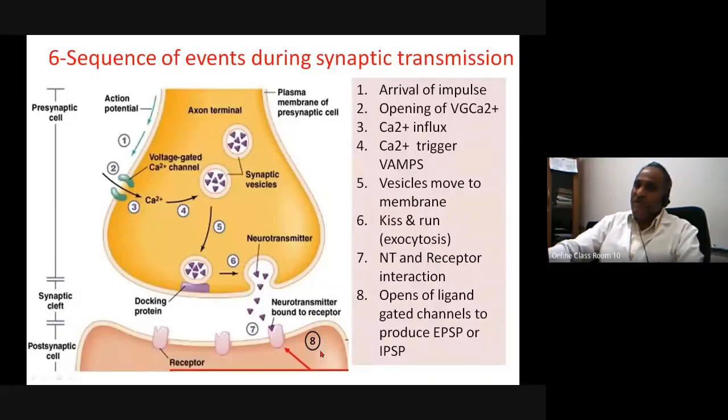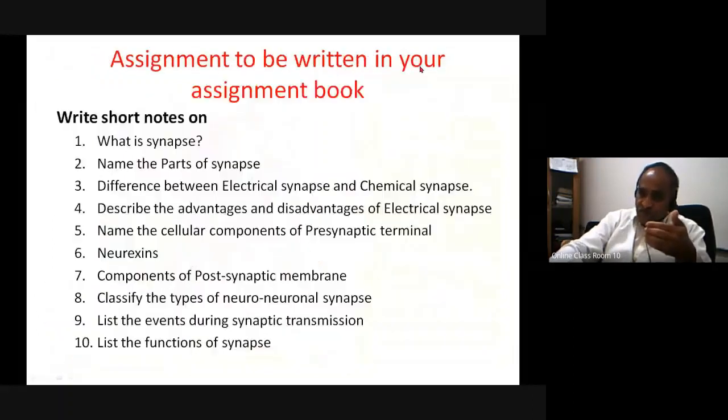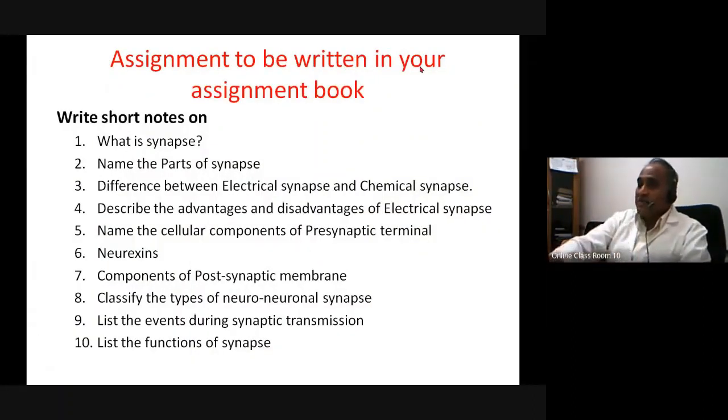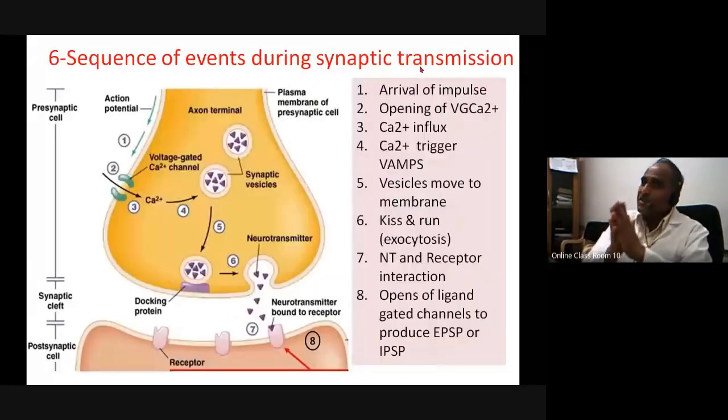And this opening of the ligand-gated ion channels produces either excitatory postsynaptic potentials or inhibitory postsynaptic potentials and brings about the transmission of the impulse. These are the sequence of events happening in neurotransmission. Well, I have covered this today. I have covered up to 6 events for this part of the synapse.